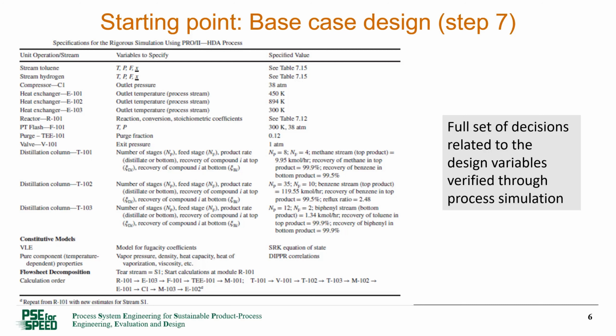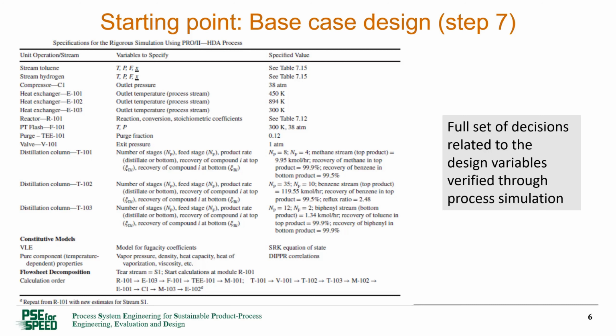So that is how we do the design very fast. As soon as we know which binary pair it is and what is the relative volatility, we can immediately find the corresponding number of stages, the feed location that gives the product that is required. Even though we have not done the optimization, if one does an optimization, one would come very close to what we are giving.